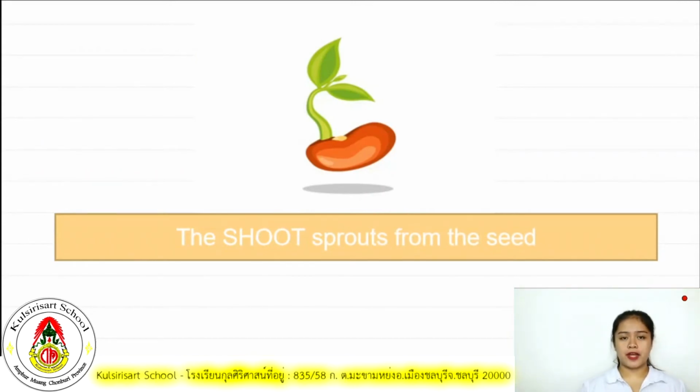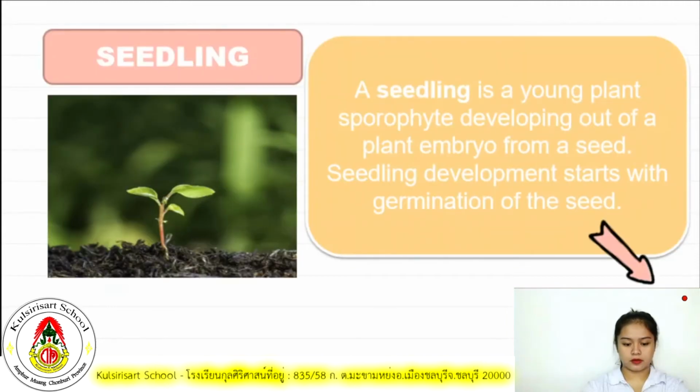Germination takes place before a plant becomes a seedling. After germination, the plant will now become a seedling. Did you understand? Very good.